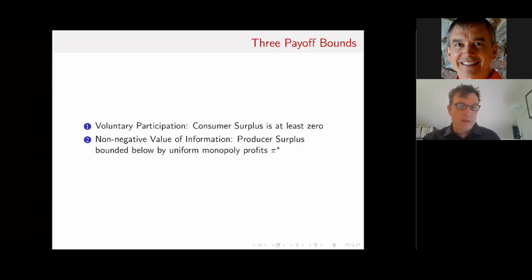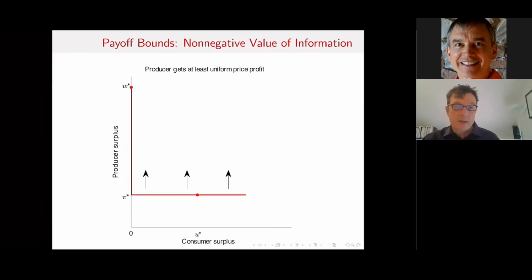And if he were to disregard it and just pursue a uniform price, then he would get a uniform monopoly profit. So this tells us that with any additional information, he must be able in expectation to do as well as he could if he were to simply disregard all of that information and pursue his uniform monopoly pricing profit.